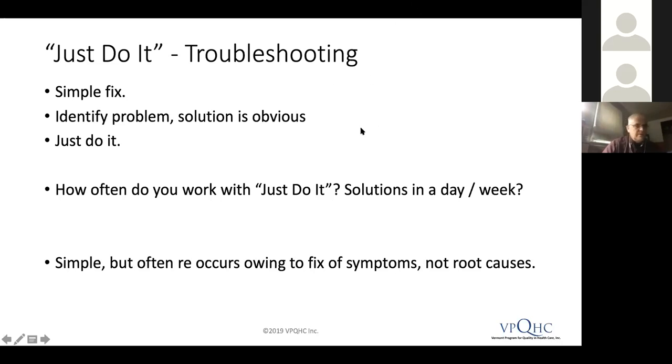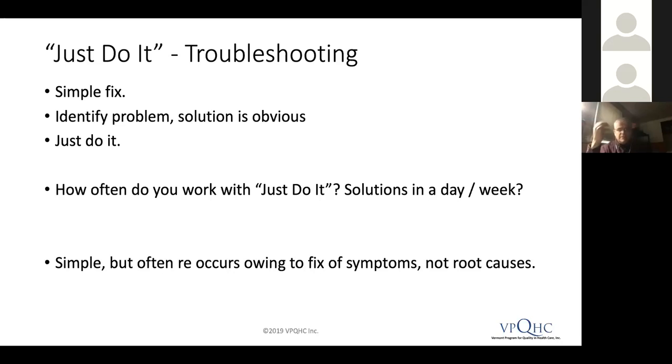And one of those is what they call a just do it, which is really just basic troubleshooting. And I suspect that a lot of the issues that you deal with day to day fall into this kind of category. It's a simple fix. You identify the problem, and the solution is 9 times out of 10 relatively obvious. So you just do it. You just fix it.